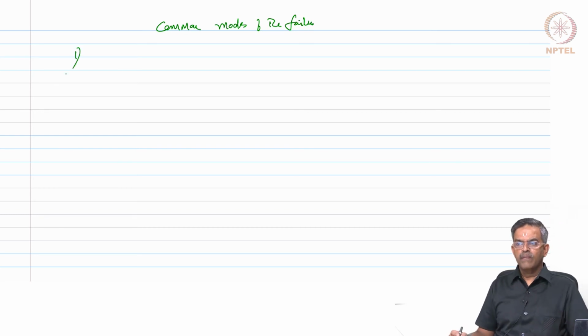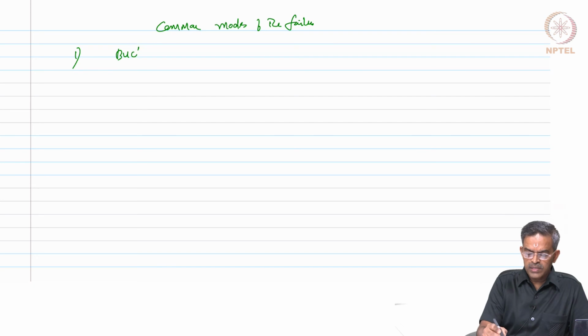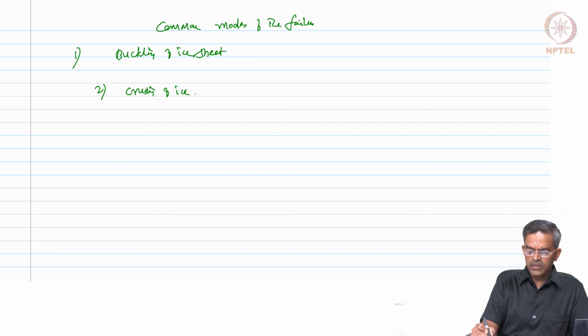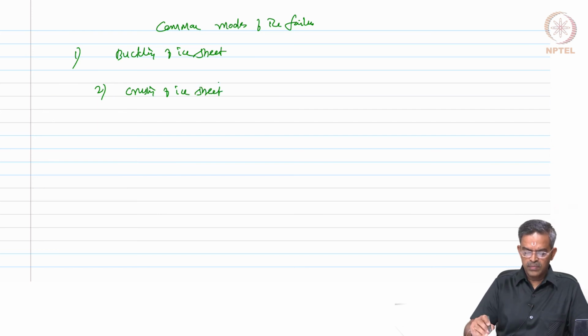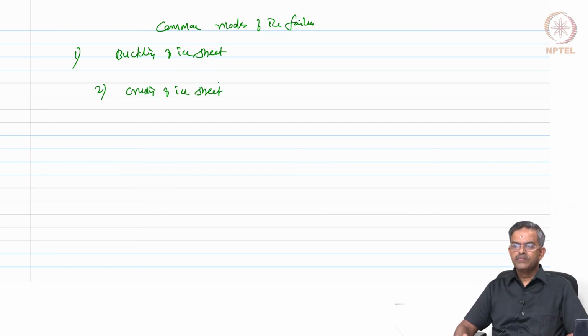Ice can fail by buckling of ice sheet, two, it can also fail due to crushing of ice sheet. Once the ice sheet fails, ice structure interaction surface causes movement of ice ridges around the structure.